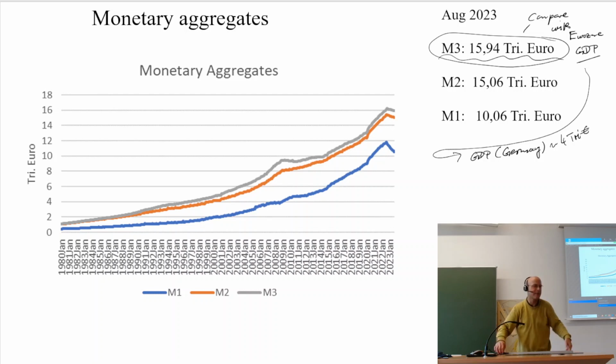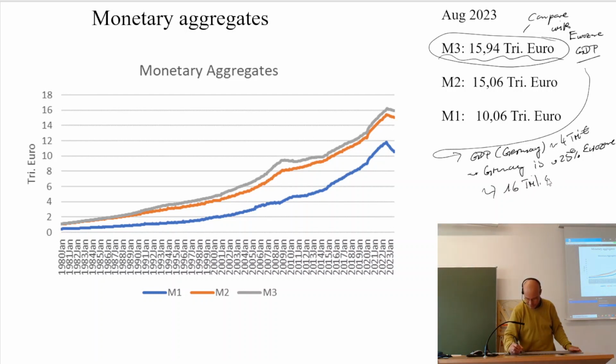So roughly we can say that Germany's GDP is around 25% of the Eurozone. Well, and if this is the case, then we have roughly 16 trillion euros for the Eurozone.